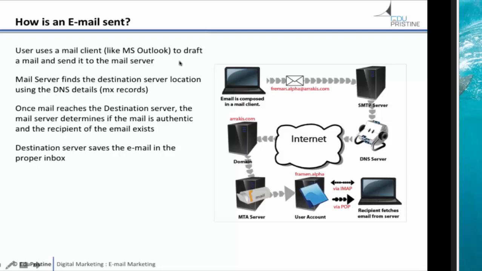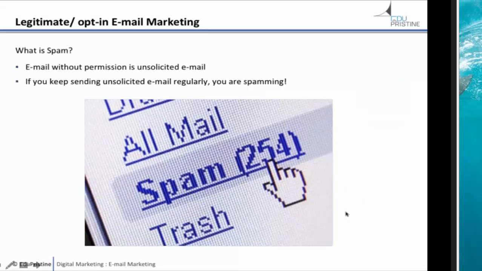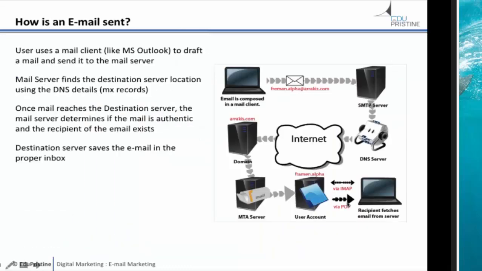On the right-hand side, you see an image: an email is composed in an email client, goes to the SMTP server, goes to the DNS server, goes through the internet, goes through this particular domain name server, then the mail transfer server, and then the user account, and then it goes to IMAP or POP. These are two different technologies that are used for receiving emails from the server.